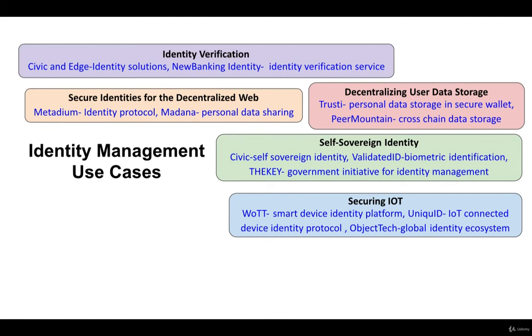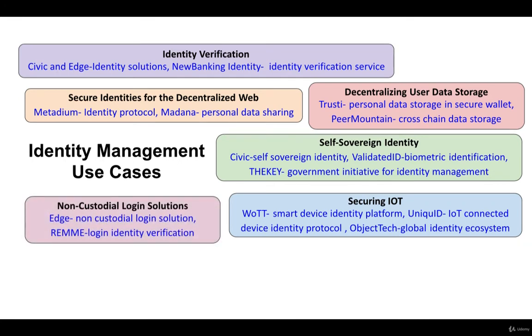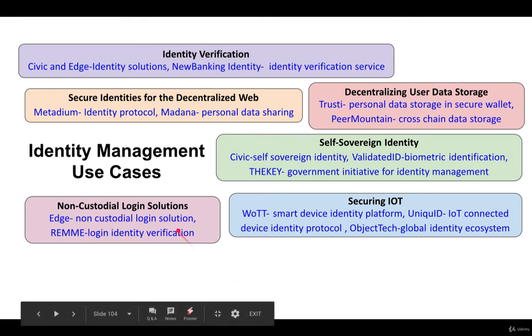Like this, we can have another application, which is a non-custodial login solution on the blockchain. Whenever we log into an online database, it could be a company server, an online account, or another company where you log in, you have a custodian who is going to ensure that your information is not compromised.